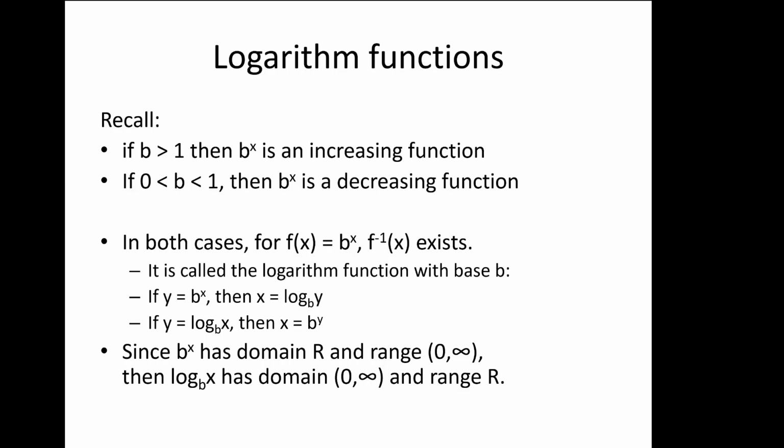It has the following feature: if we define the exponential function y equals b to the x, then to isolate for x, we need to write it as x equals log base b of y. The log function is defined as the function that does the opposite of the exponential. We could have also started with logs and said that y equals log base b of x, and then said, well, what's the opposite of a log? It has to be an exponential, so we would isolate as x equals b to the power of y.